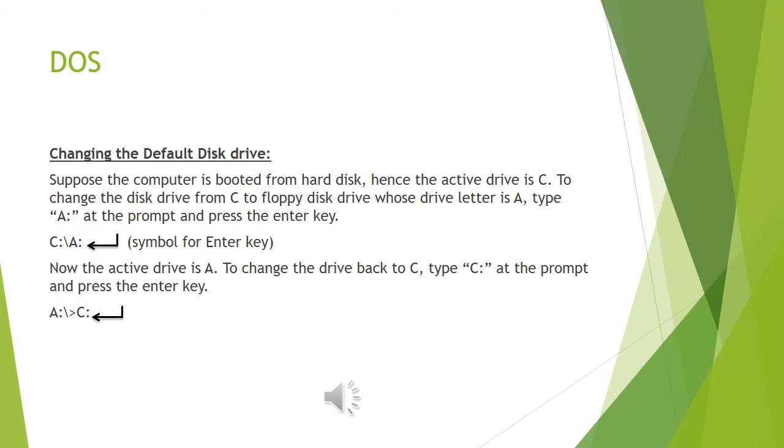Now the active drive is A. To change the drive back to C, you have to repeat the same procedure, but instead of A, you have to type capital C at the prompt and then press the enter key.